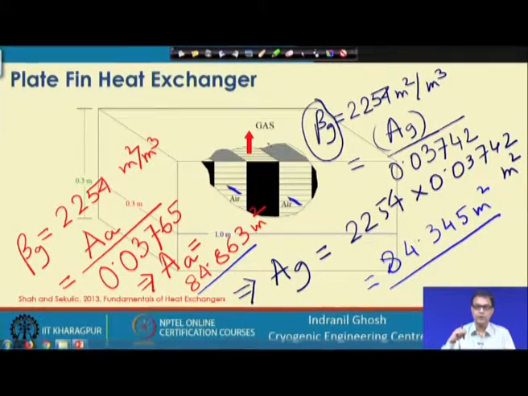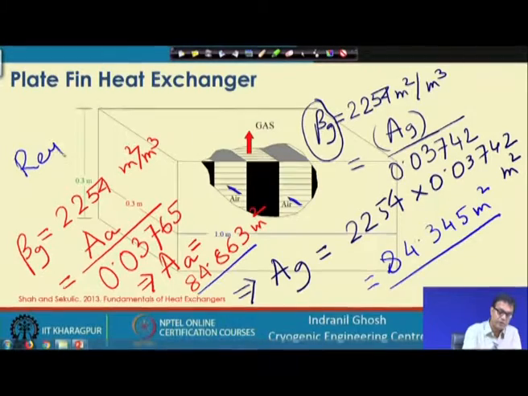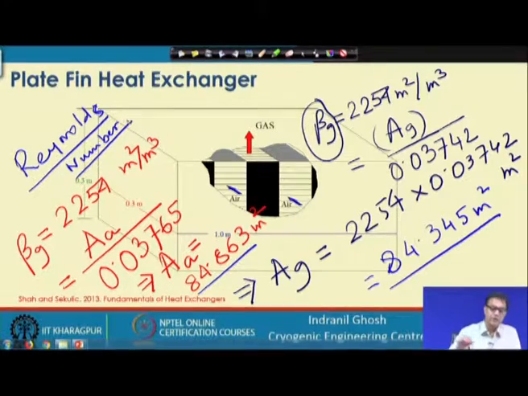Once we know the heat transfer surface area, one of our requirements is the estimation of the Reynolds number. To calculate the Reynolds number, we need to know the free flow area and the mass flow rate.